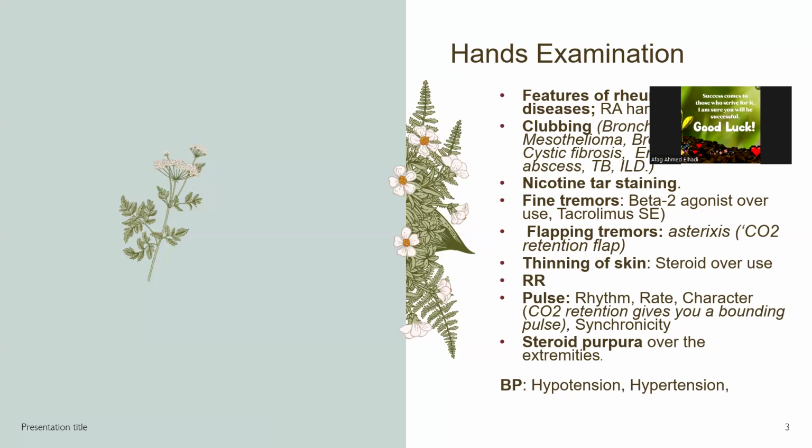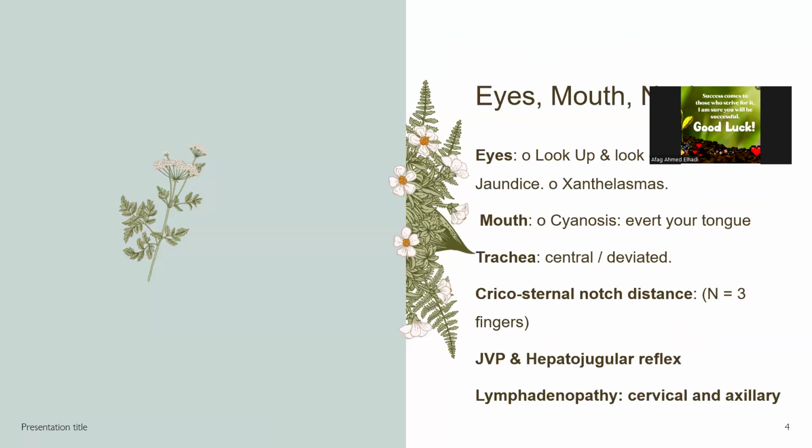Going up, we check the pulse, and specifically its character. If they have COPD, they will have a bounding pulse, which is due to CO2 retention. And then we can also ask for blood pressure measurement. So we are done with the hands.